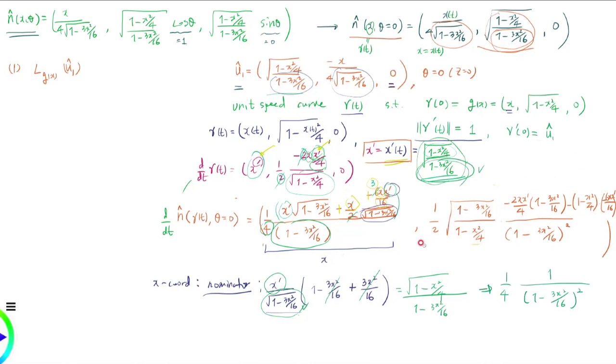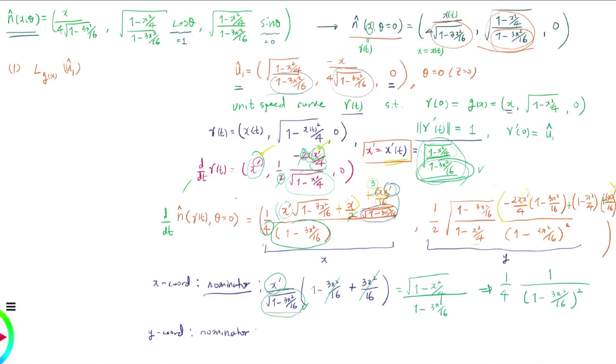So let's do the same thing for the y coordinate here. So for the y coordinate case, let's do the numerator first. Okay, so on the numerator, I mean this part here. The x prime are the same, and there's a minus sign here, I'm going to put a plus sign.